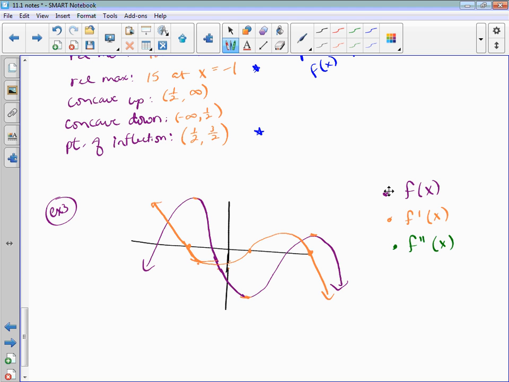And if it's increasing, will be increasing above the x-axis? Those are two different things. If the original is increasing, doesn't matter where it is, above or below the x-axis, the first derivative will be above the x-axis. And what will it be facing? Like increasing or decreasing?